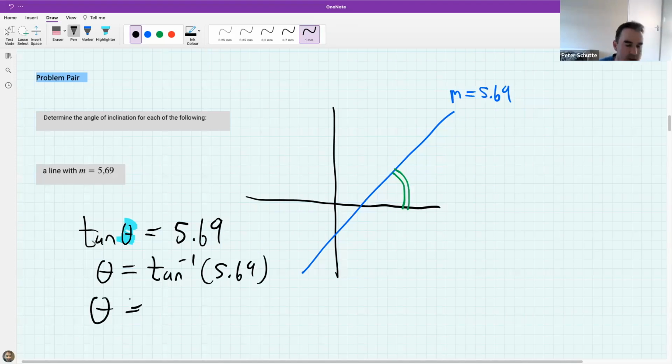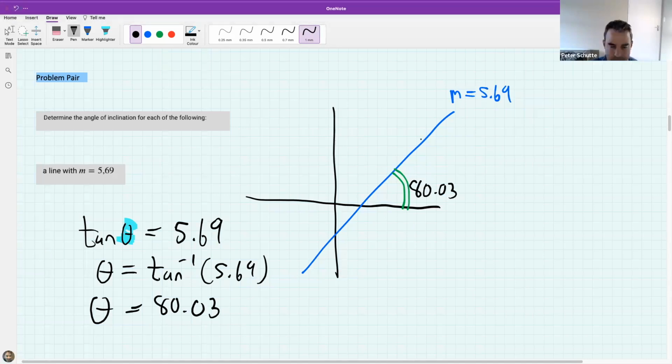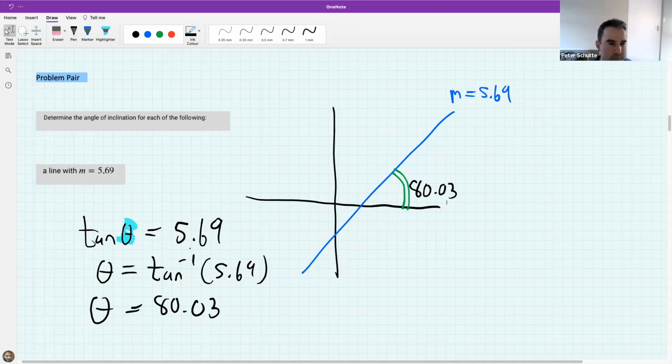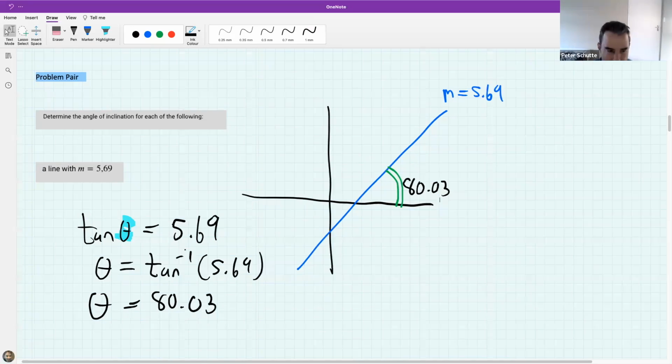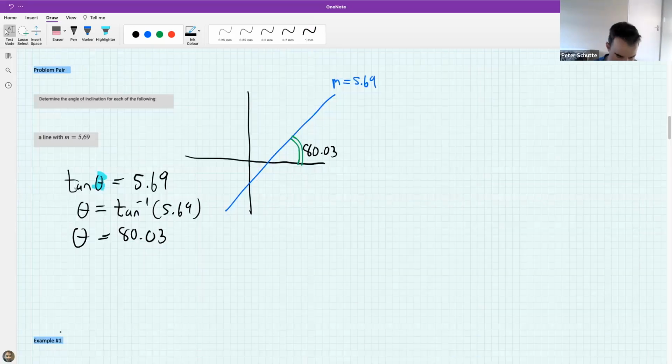I got 80.03. 80.03. Yes. It looks like students agree with you. And also, can you see that it makes sense based on my drawing? If it was like 120, we'd know something has gone wrong. Fantastic. Thank you, Orokanisa, for your help.